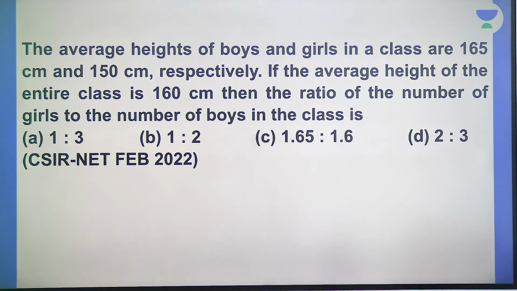So this question can be done in two ways. One is the traditional way of using the batch average concept, but that is very time consuming. The faster way is using the alligation trick. Those of you who don't know anything about the alligation trick, I recommend you check out my lectures on it.